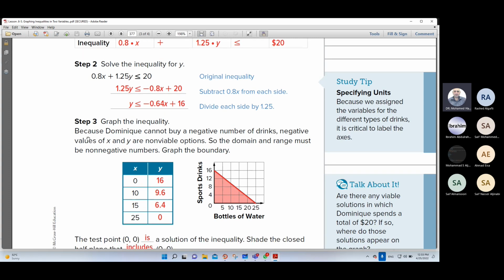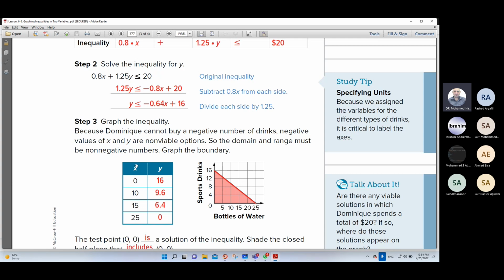Now we want to graph the inequality. Because Dominic cannot buy a negative number of drinks, negative values of x and y are not valid options. So the domain and range must be non-negative numbers. Graph the boundary.